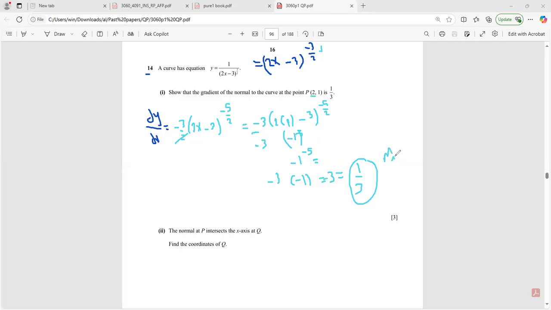Now for that normal, find where the normal at P intersects the x-axis at Q, and find the coordinates of Q. So that's the normal. Let's make it.